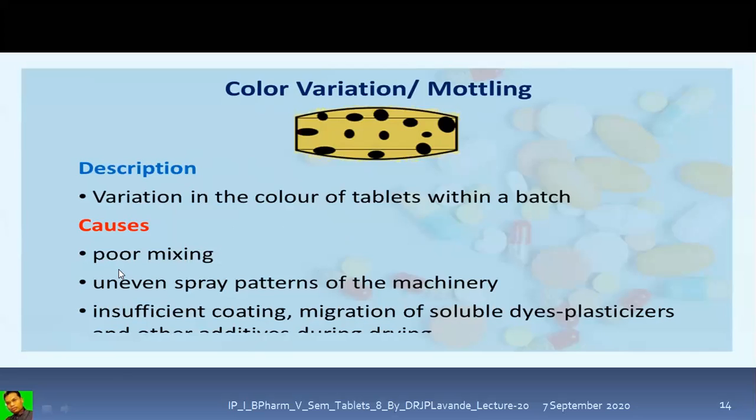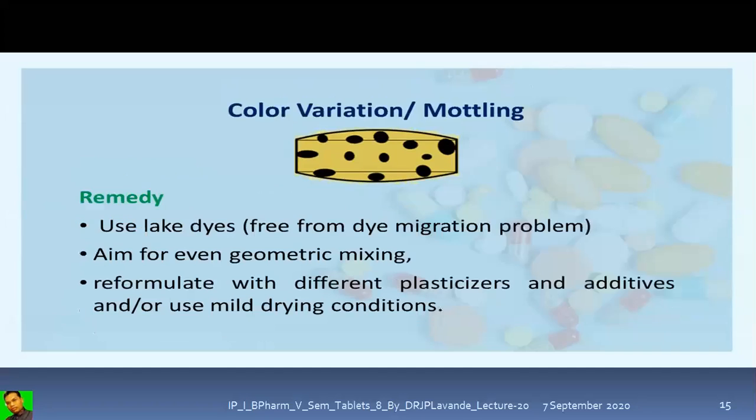What will be the causes? The causes will be either poor mixing, or an uneven spray pattern of the machinery, or insufficient coating, or migration of soluble dye, plasticizer and other additives during the process of drying, right? So these will be the causes that lead to mottling.